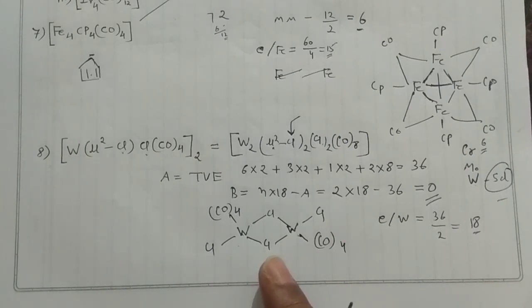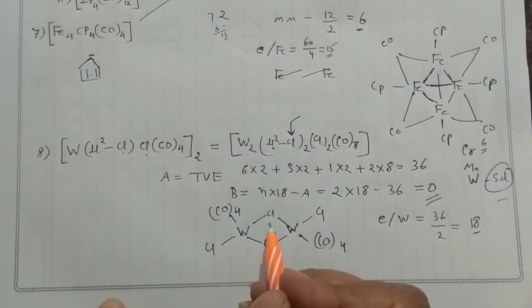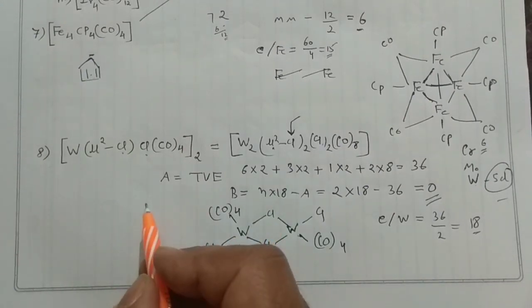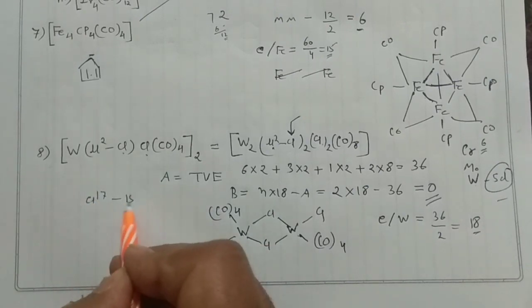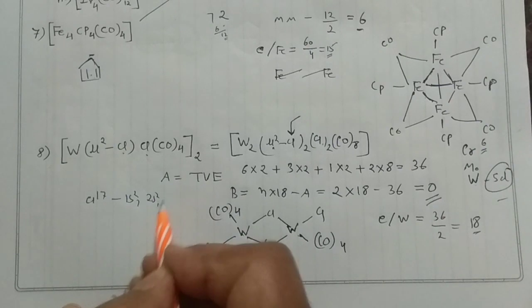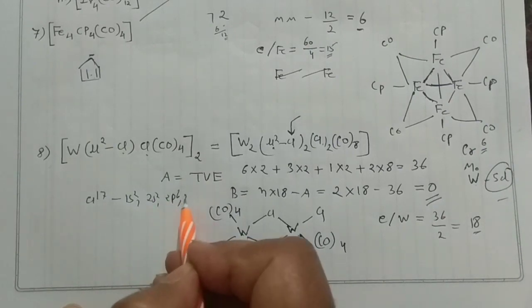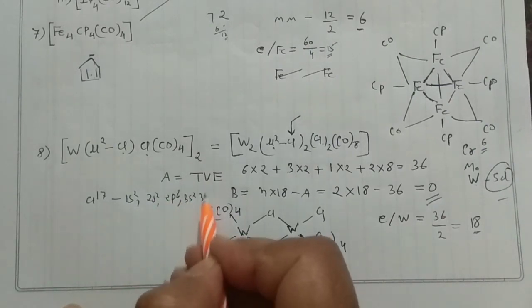Then again you can think of one important point. See, chlorine will actually use its 3p electrons. Cl is 17, right? If you write the electronic configuration: 1s2, 2s2, 2p6, 3s2, 3p5.